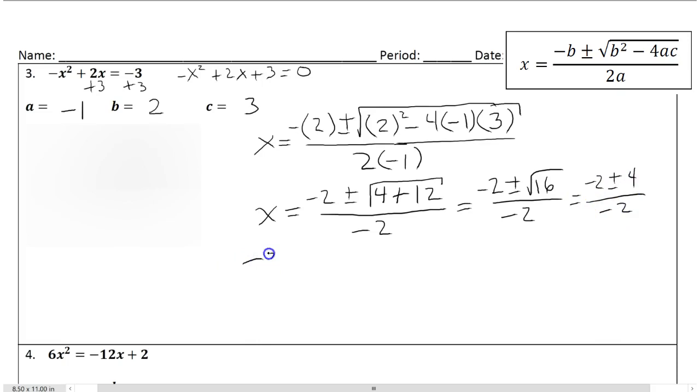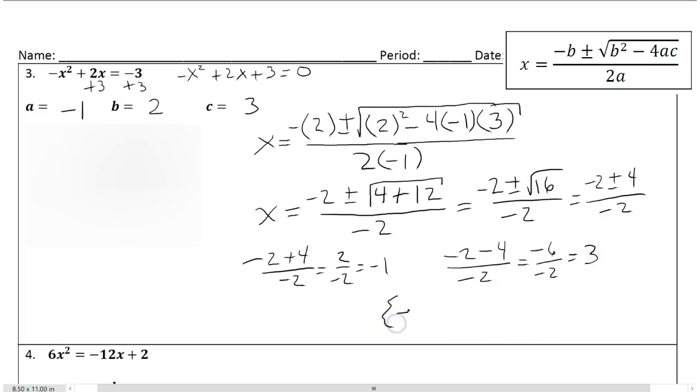So we can find two answers. -2 plus 4 over -2 equals 2 over -2, or -1. -2 minus 4 over -2 is -6 over -2, or +3. So our two answers are -1 and +3.